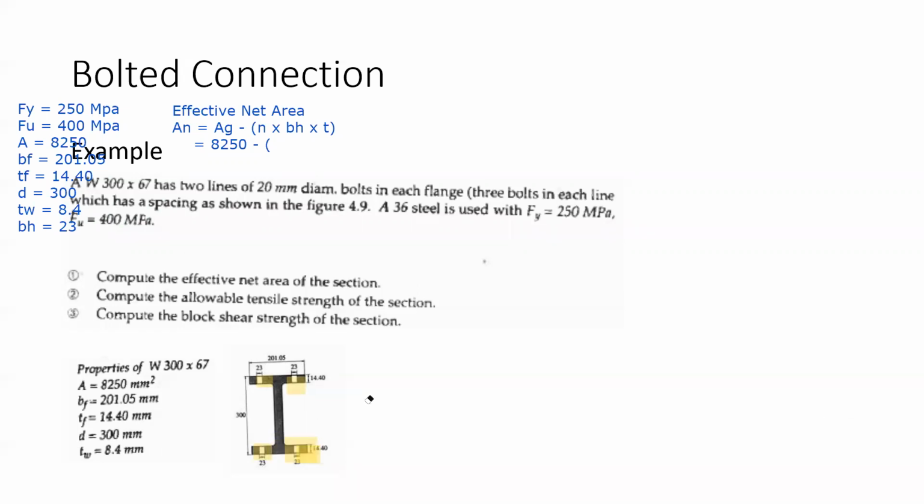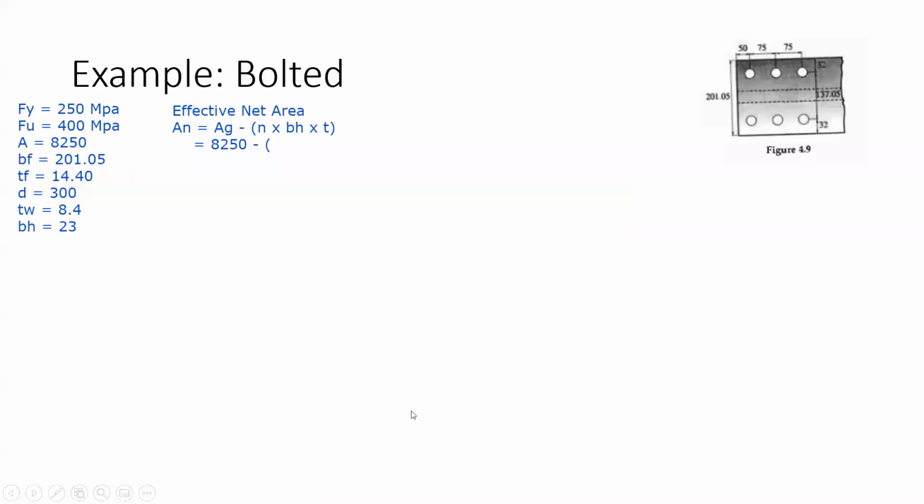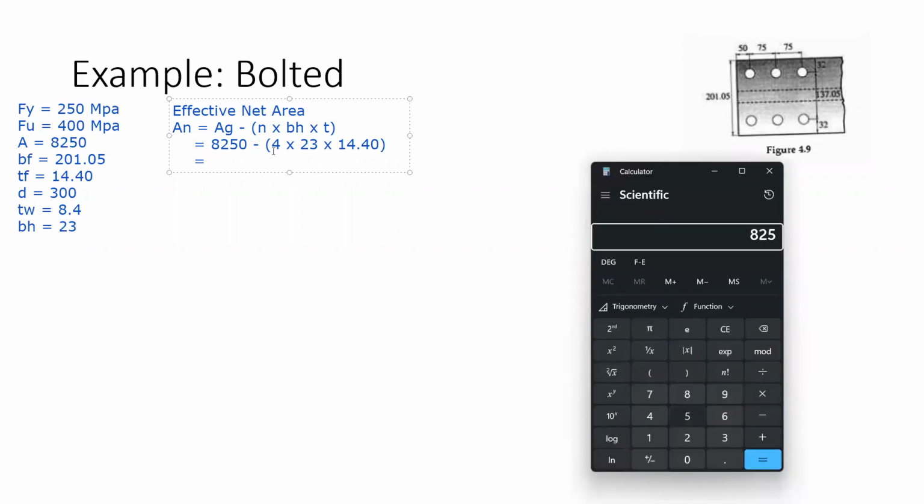So apat. So this is now 8250 minus 4 times the bolt hole 23 times the thickness of 14.40. So we have AN equal to 6925.2.